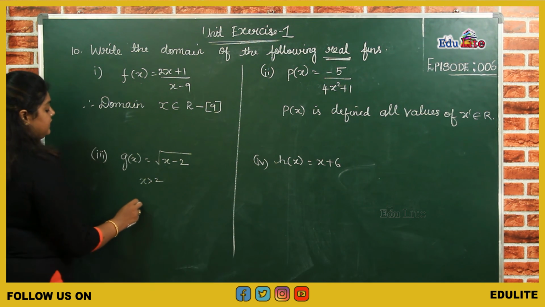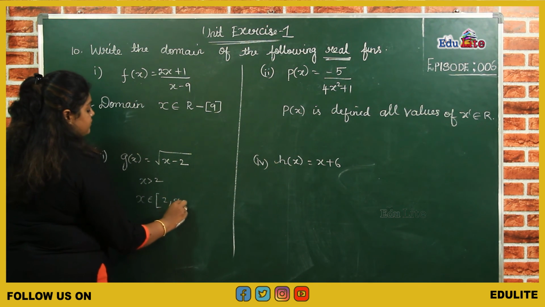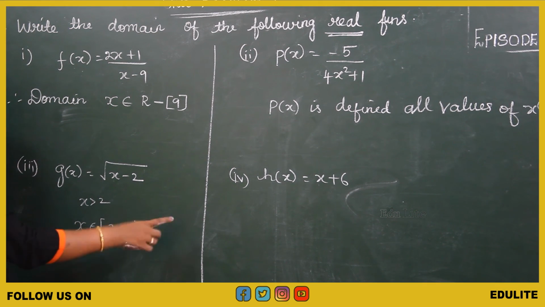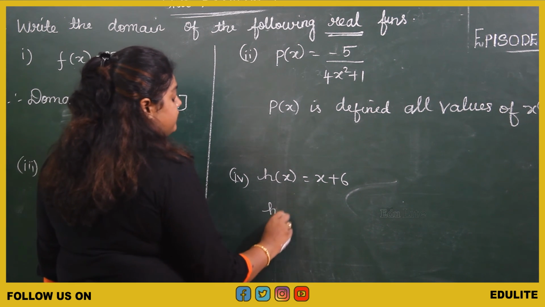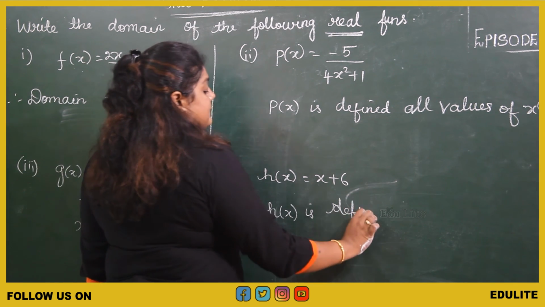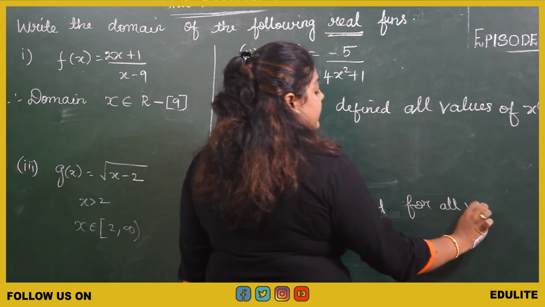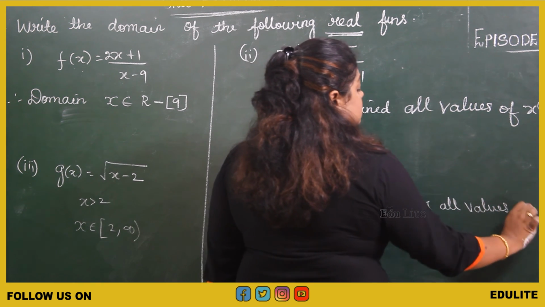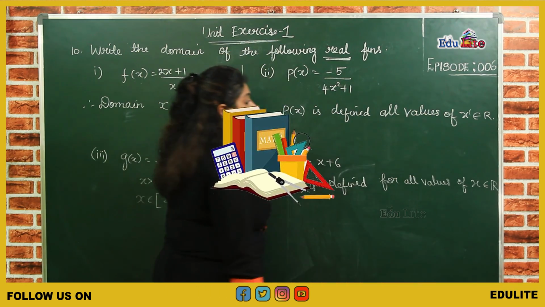Therefore, the domain is x belongs to 2 comma infinity. It can be greater than any values of 2. And for this problem, h of x is defined for all values of x, that is any real number.